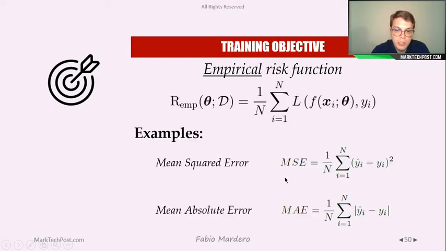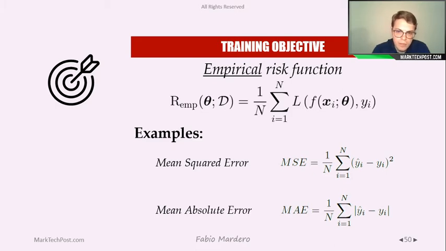Some examples of empirical risk function could be the mean square error, in which the loss function here is the square error. And since the empirical risk function is the average, the mean of the loss function, we get the mean squared error. Another type of empirical risk function could be the mean absolute error.